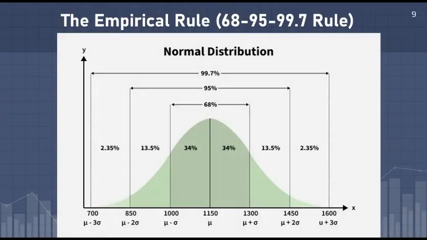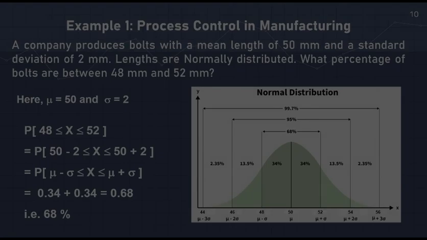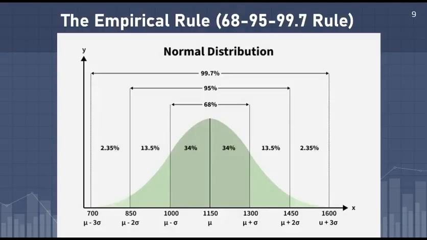Now, this is why we call it the 68, 95 and 99.7 rule. We have discussed it earlier also. From this point to this point, the probability, that is the area under this curve, taking the baseline and going up to this, is 68%.